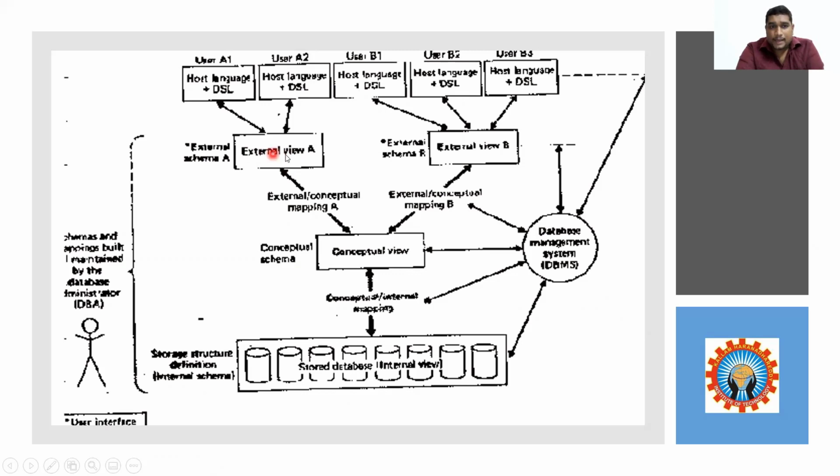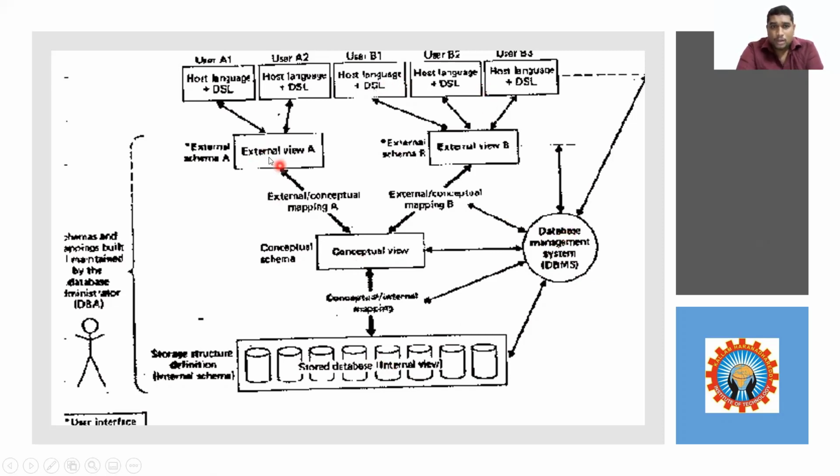Next, whatever the external schema retrieves data from the database is based on the conceptual view. Okay, and all these views, conceptual view and stored database central view, are maintained by software called DBMS software. Already we discussed. It acts as a bridge between user and database.